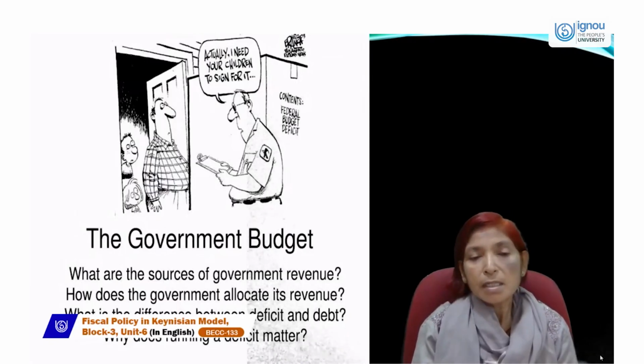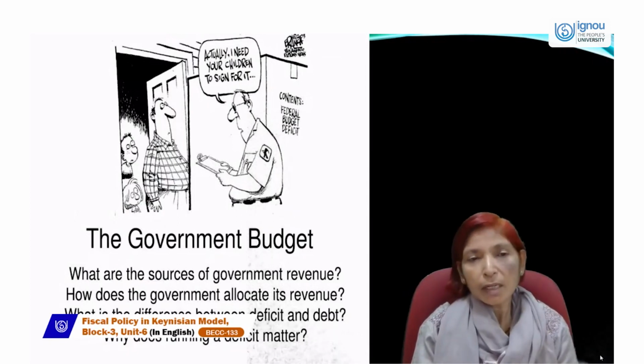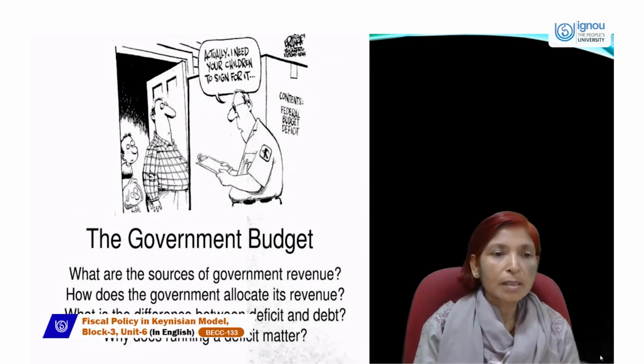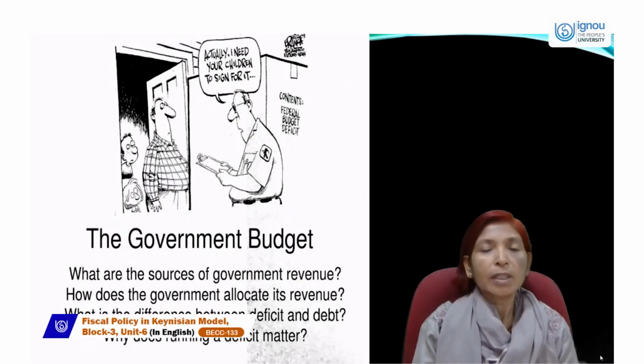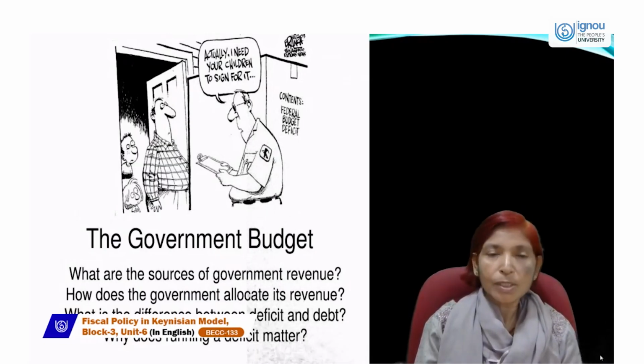The government budget is the budget which shows the statement of income and expenditures that actually work for the economy, because the government collects revenues through taxable and non-taxable sources.